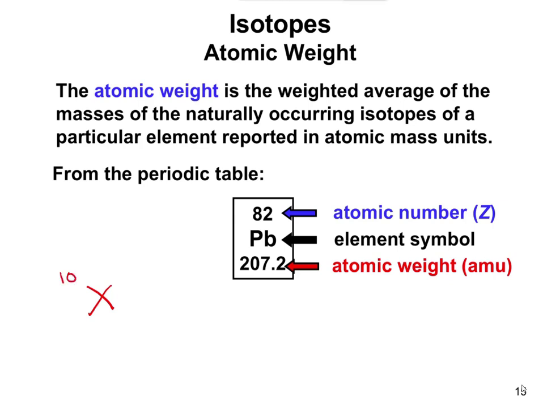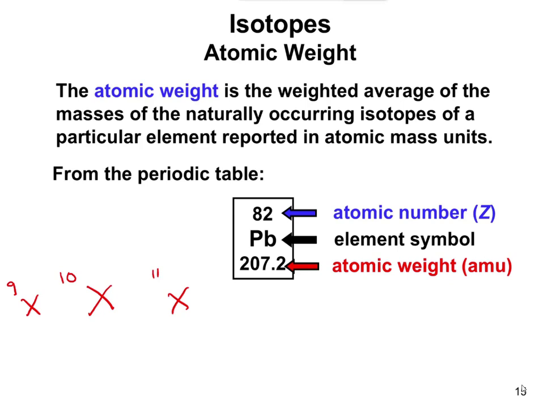Though X can also exist as a mass of 11, and X can also exist as a mass of 9. So there are 3 different forms of X in the world: X that weighs 9, X that weighs 10, and X that weighs 11. And those are the only 3 forms of X that exist in the whole entire world.